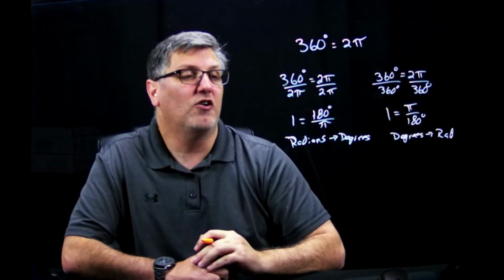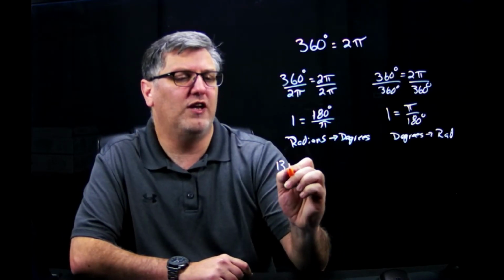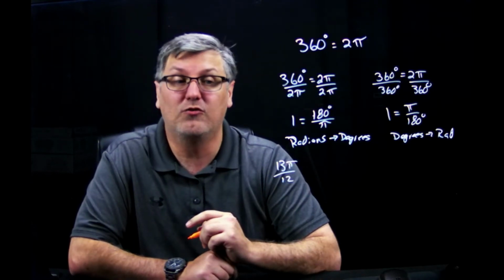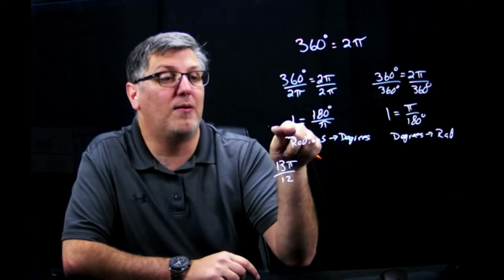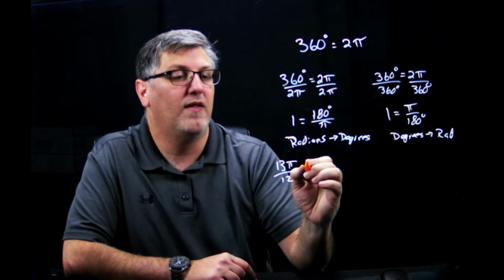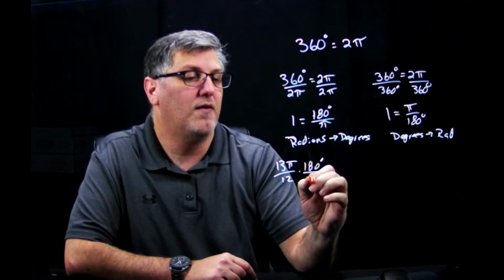All right, so let's look at an example. Let's say I have 13 pi over 12. This is a radian, and I want it in degrees. Well, I can't change this number. I know I'm allowed to multiply by 1, and it wouldn't change the number, but I'm going to multiply by this one right here. So I'm going to do times 180 degrees over pi.